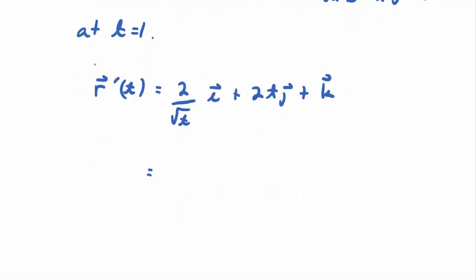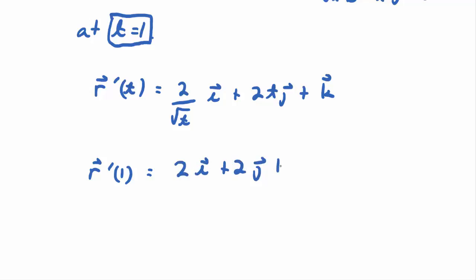All right. Now, it's very important. It makes it easier since we're evaluating this at a particular value of t. Now that you've taken the derivative, plug in 1. This will make life a lot easier. So what do you get when you plug in 1? 2i plus 2j plus k, right?